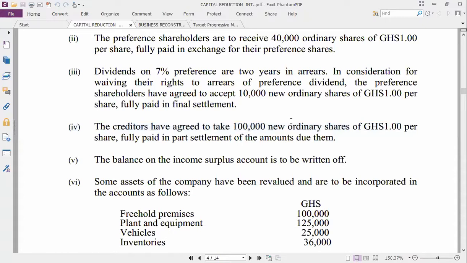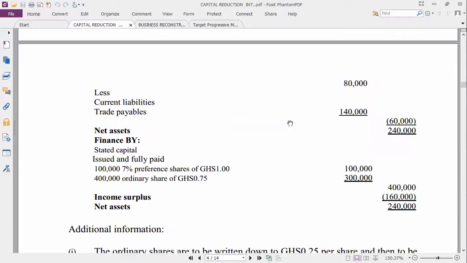So let's go and check the creditors' value. Trade payable is 140. So you are giving them 100, left with 40,000. So if nothing else is said, then in the new balance sheet, we will record 40,000 as trade payable. That's all. So let's go to the board and do the illustration.